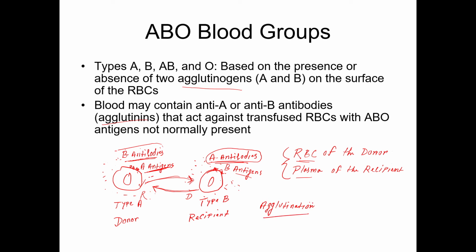The process how antigen antibody reaction will destroy the red blood cells. Okay, now let's think another thing. This is O blood, right? Blood type O, and this is blood type A. So this person's red blood cell surface, you have A antigens, right?